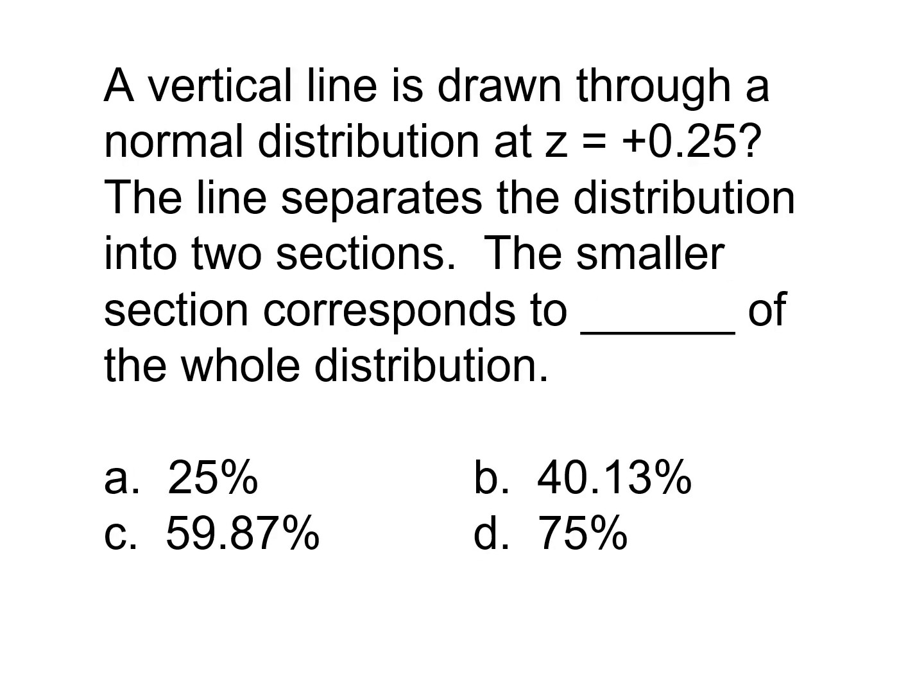All right, a vertical line is drawn through a normal distribution at just above the mean at z of positive 0.25. Now we've taken our distribution and cut it in two. The smaller section corresponds to what of the whole distribution? Well, we know the smaller section, those values above 0.25, has to be the tail.